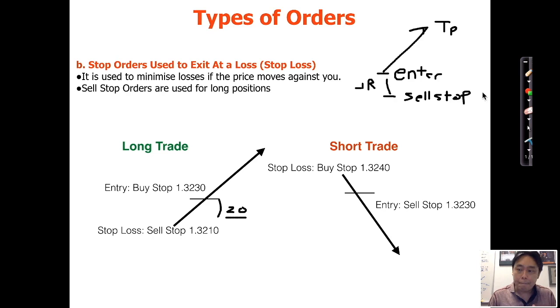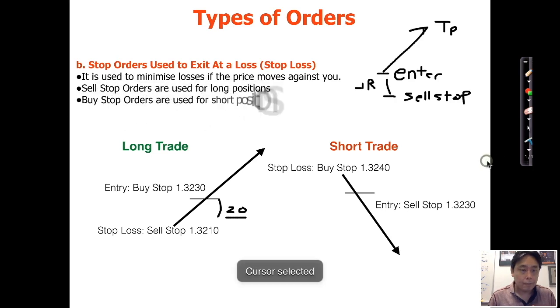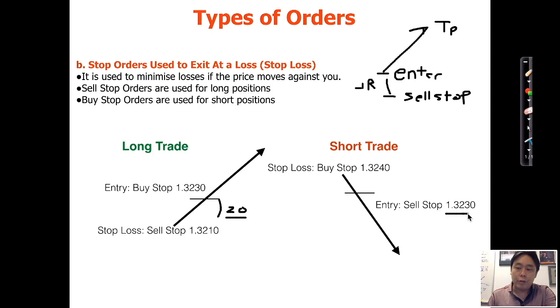Now, similarly, buy stop orders are used for short positions. So if I'm taking a short trade, I'm entering at 3230. I expect the price to go down and I make money. Now, if it goes up, I have to cut my loss at 1R again.